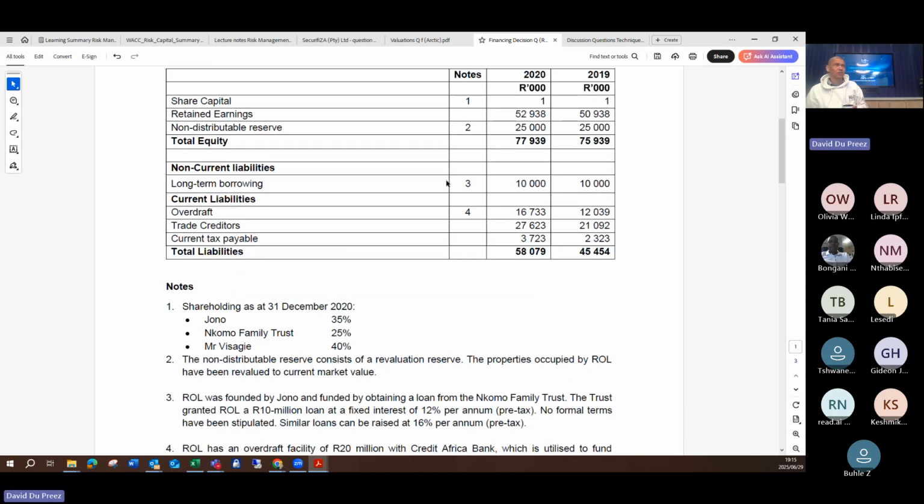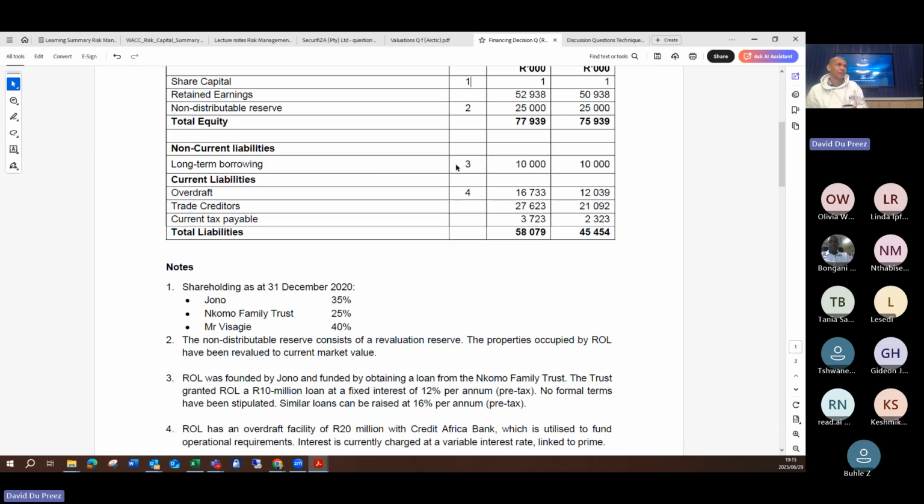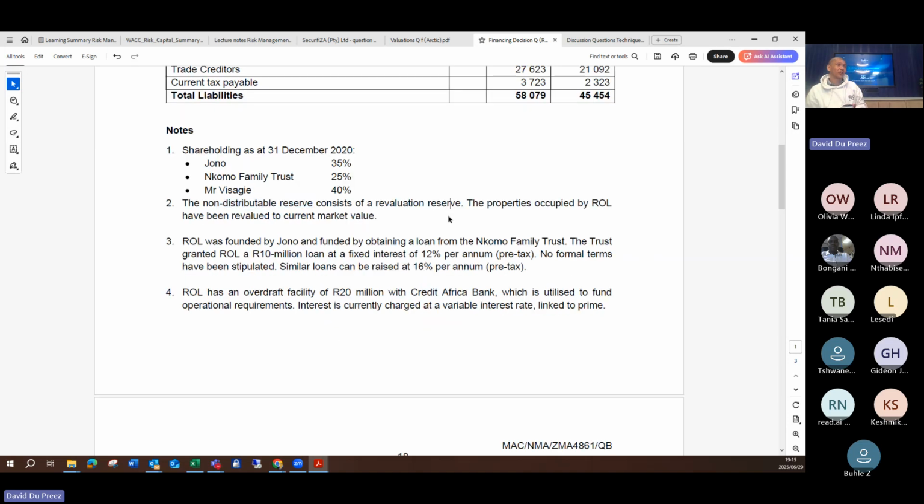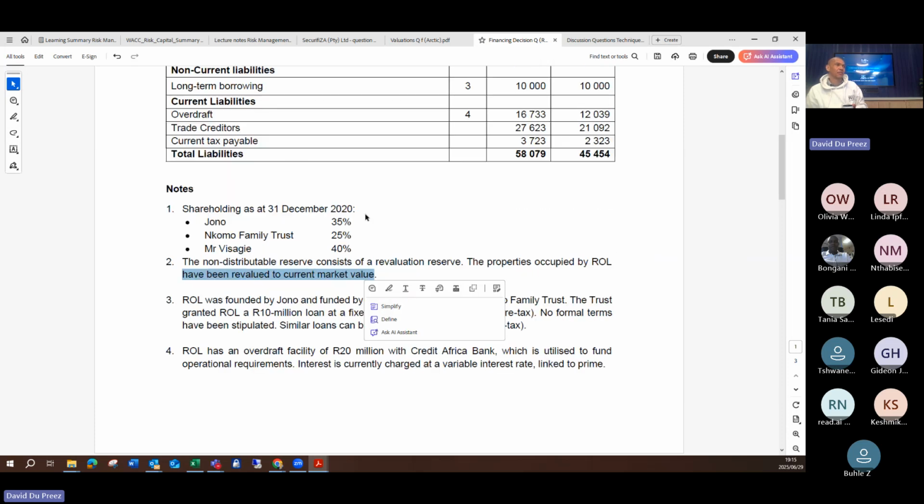They give you a note on the share capital, and they say the shareholding is that, which is Jono and Fusaki, etc. They say the non-distributable reserve consists of the revaluation reserve, and the properties occupied by Roll have been revalued to current market value.